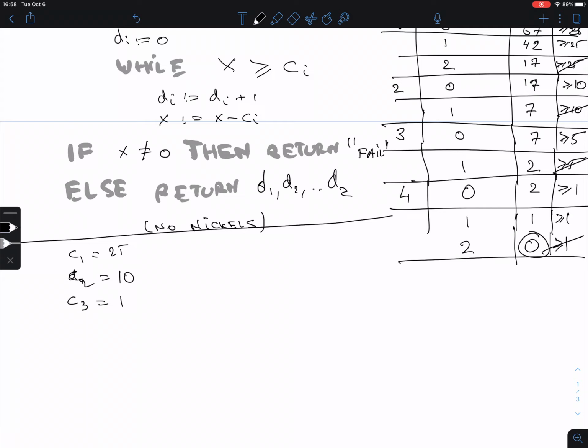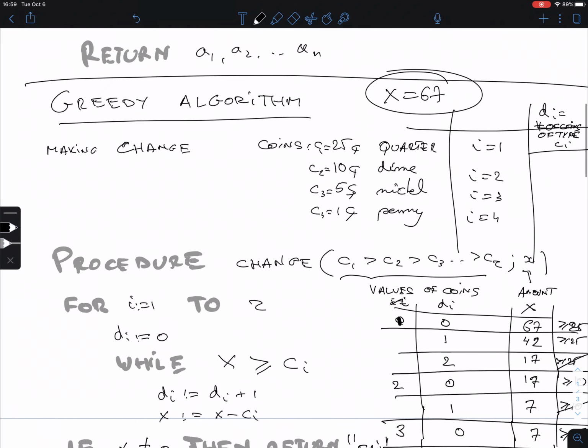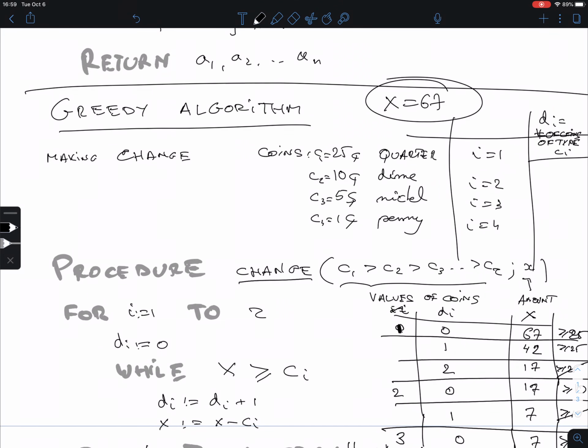Now imagine you have to pay 30 cents. So what is your greedy algorithm saying? Your greedy algorithm says, okay, 30 cents. So we apply this algorithm that we designed here, change, with C1 equal to 25, C2 equal to 10, and C3 equal to 1. Okay? So R is 3, there are only 3 coins.